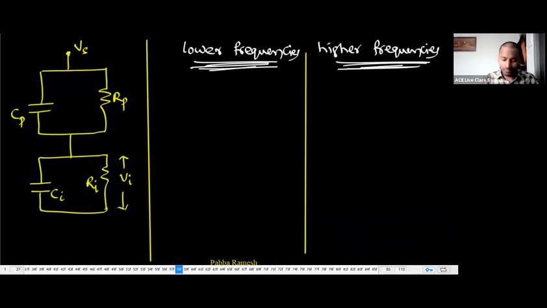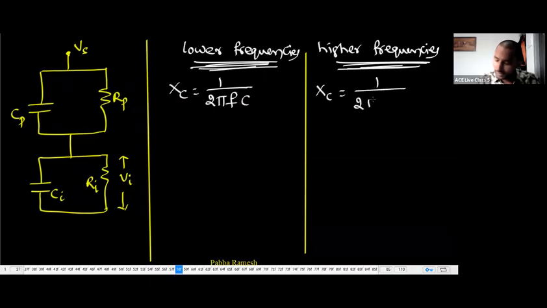Resistance is independent of frequency, but capacitances depend on frequency. So XC is equal to 1 by 2 pi FC, here also XC is equal to 1 by 2 pi FC.